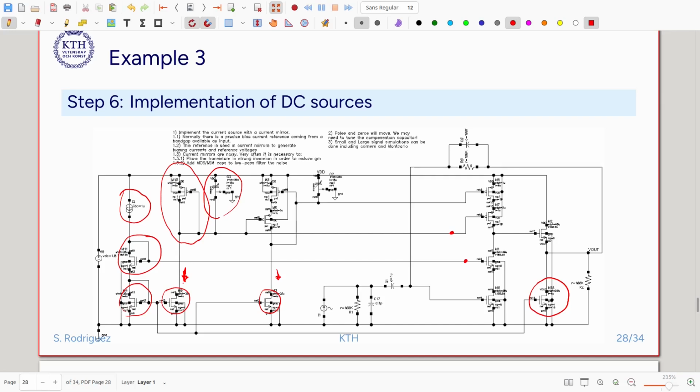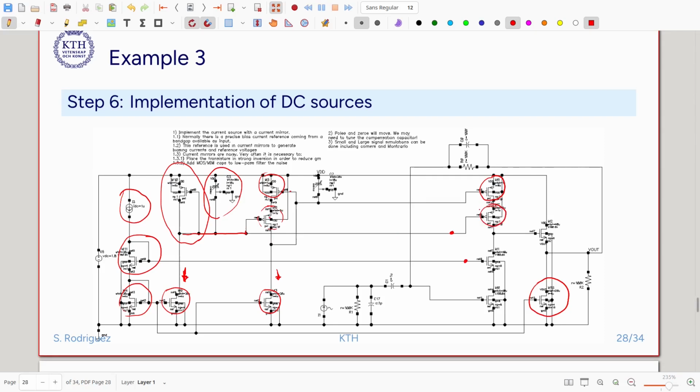For the current mirror here, I am using this wide swing cascode, and then I need to generate the voltage for the gates, and I need to be using the same voltage here as a reference for the cascode device here, and it is pretty much related to this one.